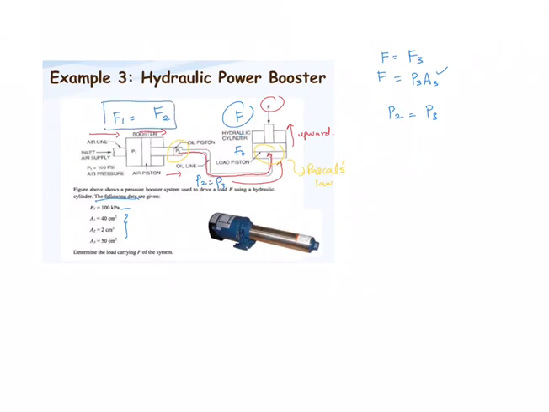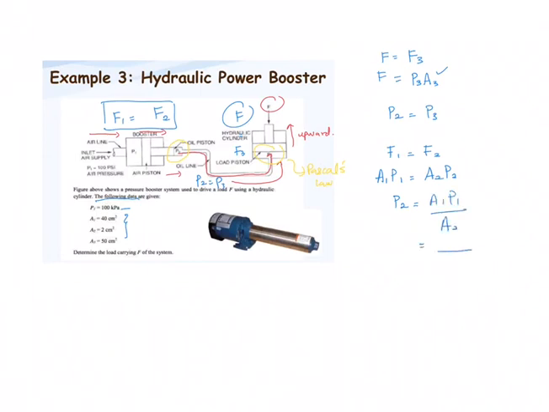So the P3 here will come from the force. Alright, so what we need to do is F1 equal to F2, which means P1 A1 equal to, sorry, it's not 2, it becomes A2 P2, and then we need to find the P2: P2 equals A1 P1 over A2.